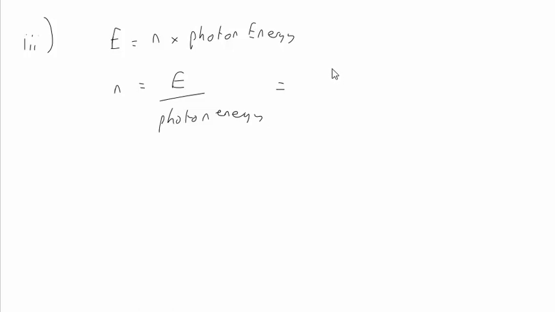This is 2.7 times 10 to the 27 joules in a second over the photon energy we just found of 4.0 times 10 to the minus 19 joules, which gives 6.8 times 10 to the 45 per second.